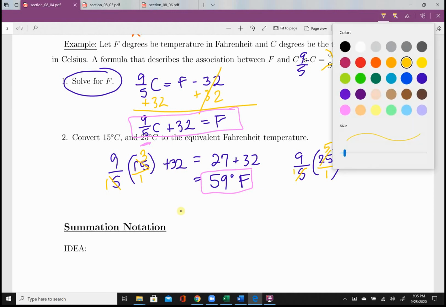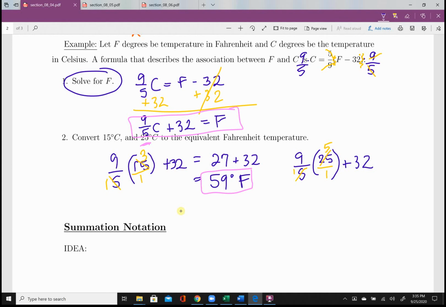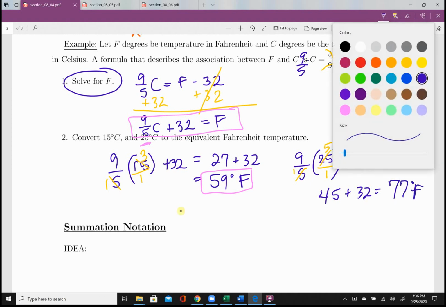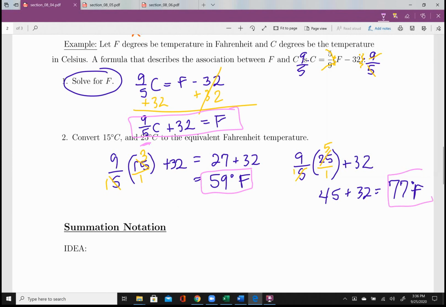So that's going to leave me with a product in that first term: 9 times 5 is 45. And then I still have to add 32 to it. What will I get? 45 plus 32 equals 77. 77 degrees Fahrenheit. Okay, great. Unit conversions complete. All good.